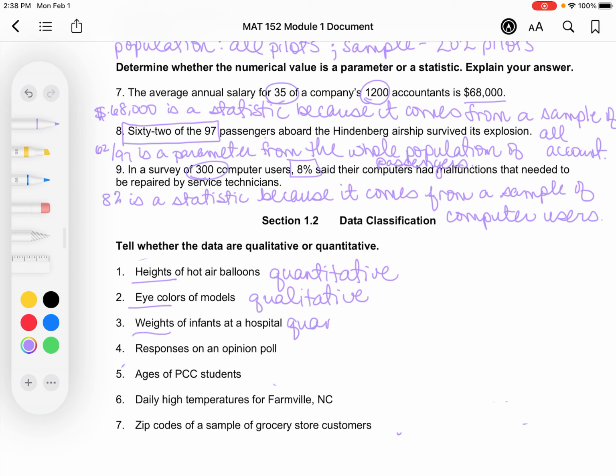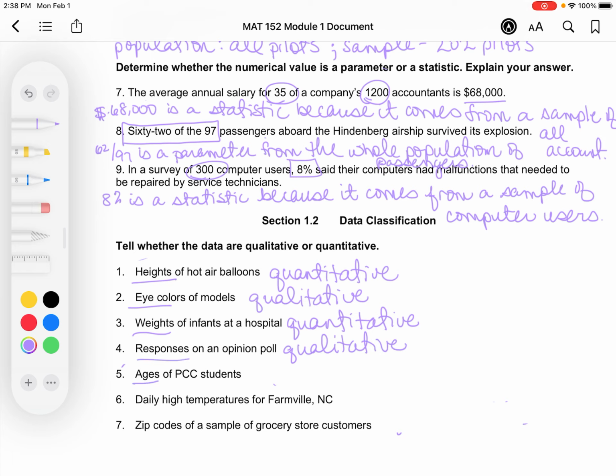So anything that's a measurement is quantitative. Responses on an opinion poll. So this would be like agree, strongly disagree, or it may even be ranking 1 to 5, but those 1 to 5 are associated with the best and the worst. So this would be qualitative.